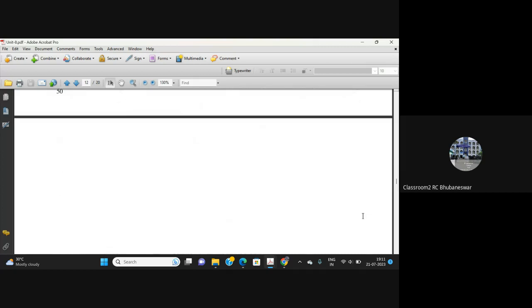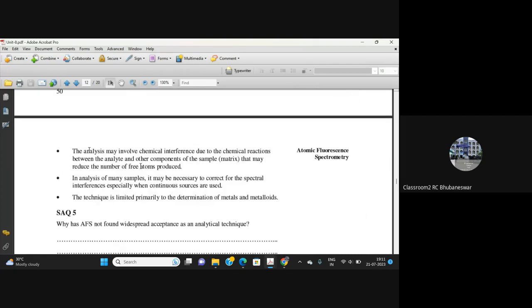So the analysis may involve chemical interference due to chemical reactions between the analyte and other components of the sample that may reduce the number of free atoms produced. As we saw at one point, if you use noble gases, then some chemical interference you can avoid and you can get a good result also.